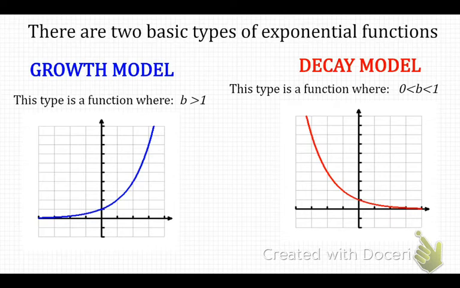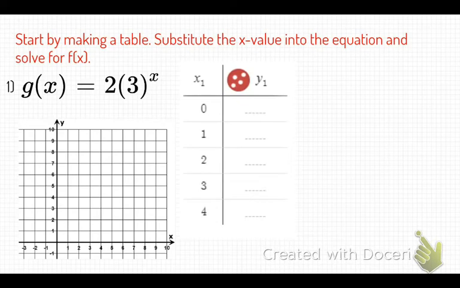Okay, now these next two, you're going to have to graph them. So please graph neatly in your notebooks. I forgot to give you graphing paper, and it's going to take a while to pass it out. So fortunately, the numbers are not too gigantic. Just be neat, please. So our first function is g of x equals 2 times 3 to the x power. So we always want to start by making a table.